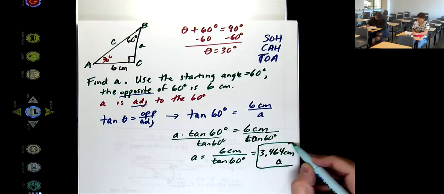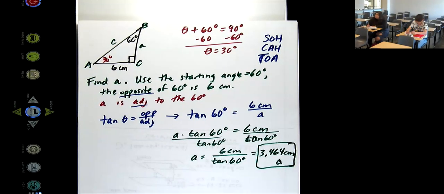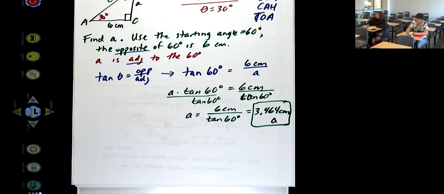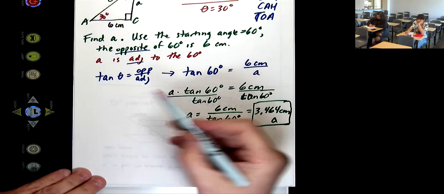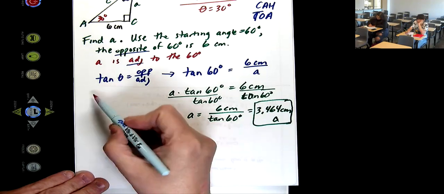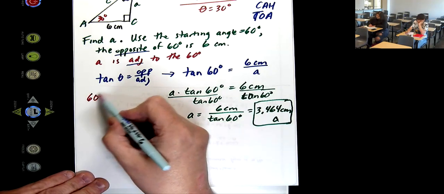So I needed that one. And then I want C. So for 60, I have 60 degrees.